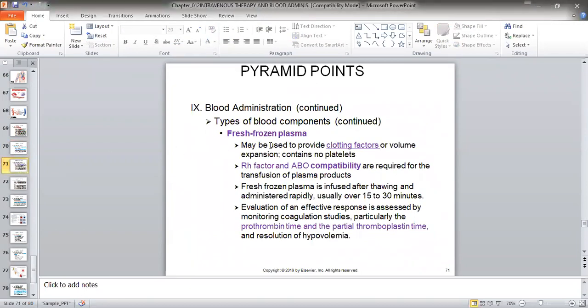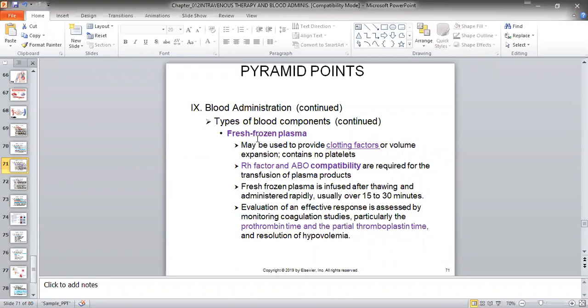Now let's go to some important talk about fresh frozen plasma. As I told you, if your patient needs a blood transfusion, we have to check the vital signs before. So baseline vital signs are always needed, right?